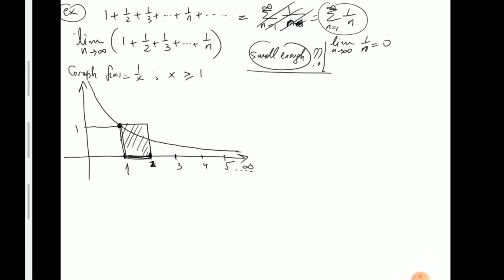The distance between 1 and 2 is 1, and the height is 1. Then on the second interval, I do the same thing, raise the perpendicular over 2, and compute the area of that rectangle. That's going to be 1 over 2, the height, times 1.